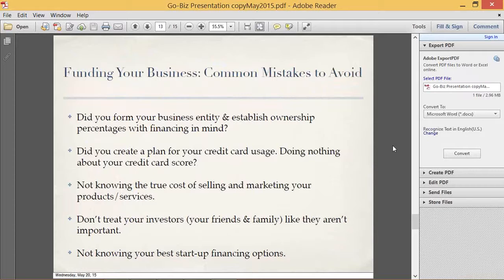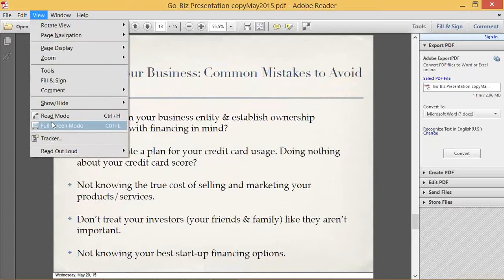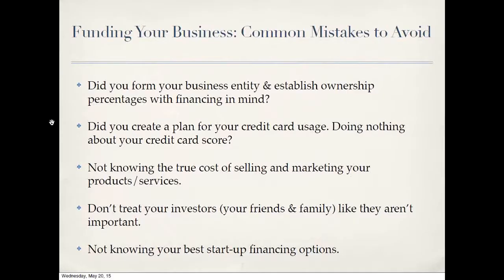So SBDCs are pretty adept at understanding who in their local communities are filling this need, these micro lenders, these non-traditional lenders. So in every part of the state, and I'm sure our audience today is from across the state, I would strongly encourage you, if you're looking for funding, find out who the local SBDC is in your area and reach out to them and get to know them.